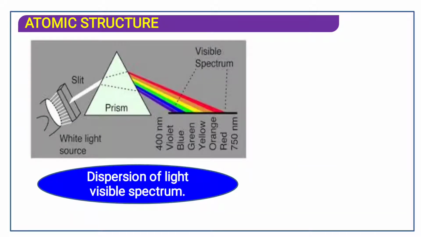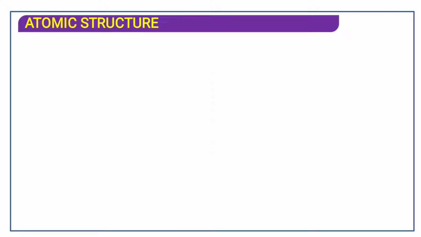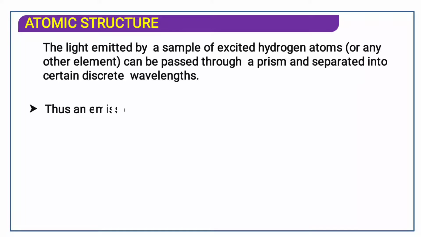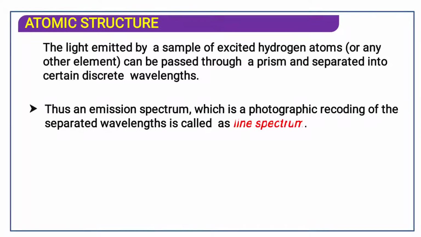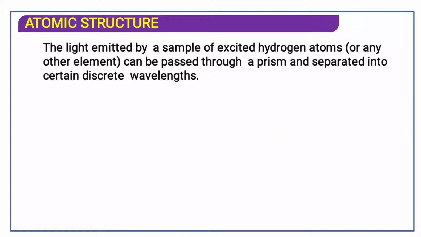This is called dispersion of light, which we have studied in 11th physics. Light emission by the sample of excited hydrogen atom. Try to understand. The light emitted by the sample of hydrogen atom or any other element can be passed through a prism and separated into certain discrete wavelengths. This is an emission spectrum, which is a photographic recording of the separated wavelengths, called a line spectrum.